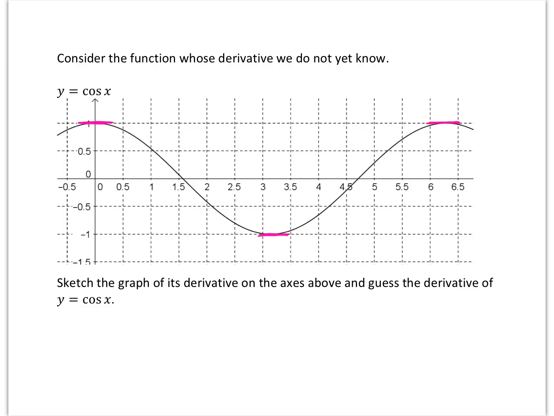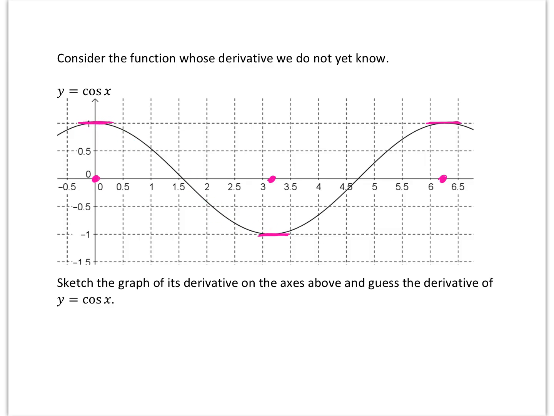And everywhere I see a horizontal tangent line, that means the derivative is 0. So at each of these horizontal tangent lines, I'm plotting an x-intercept or a 0 for the derivative. Okay, and then in between those zeros, I'm going to look at the tangent lines of my curve, and I'm just going to estimate their size.